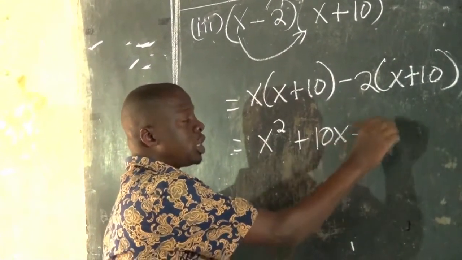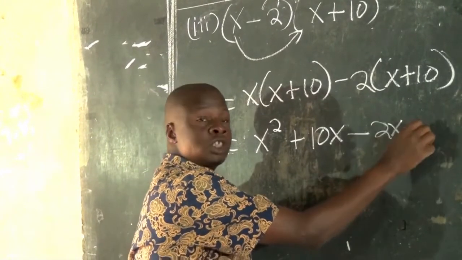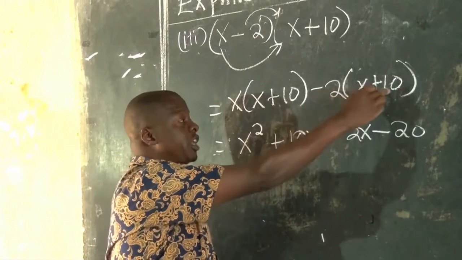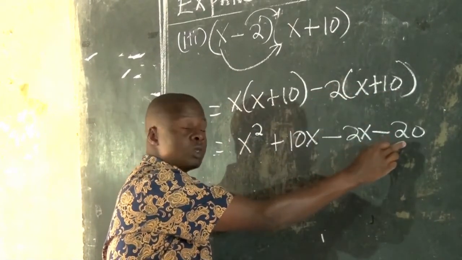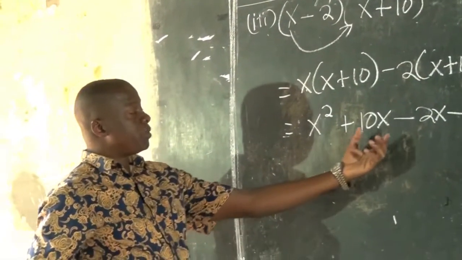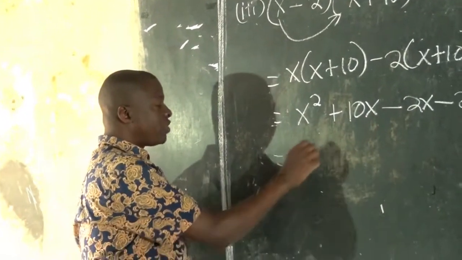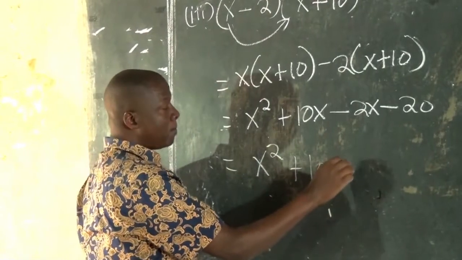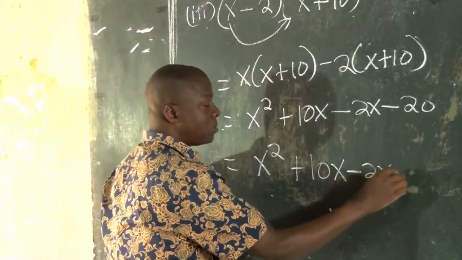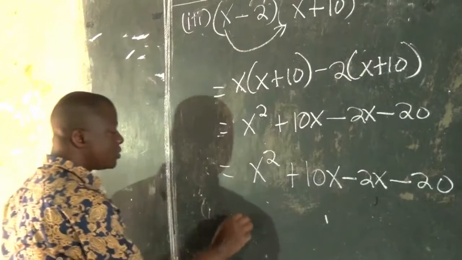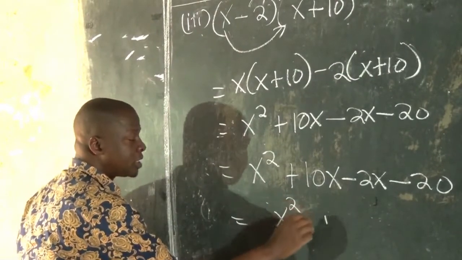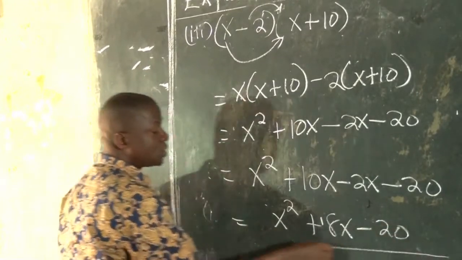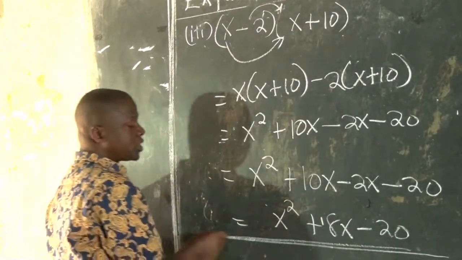This one gives minus 2x minus 20. When you multiply negative 2 by positive 10, it gives negative 20. Let us simplify further. We have x squared plus 10x minus 2x minus 20. This one gives x squared plus 8x minus 20. This is also a quadratic equation.